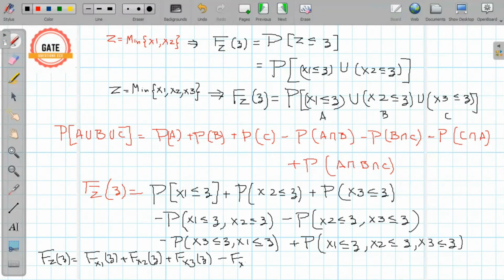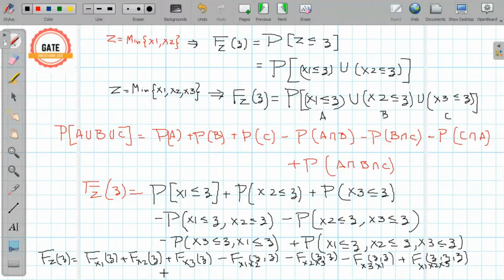So F_X1,X2 at z, z, minus F_X2,X3 at z, z, minus the joint CDF of X3, X1 at sample values z, z, and last, plus the joint CDF of all three random variables X1, X2, X3 at sample values z, z and z.